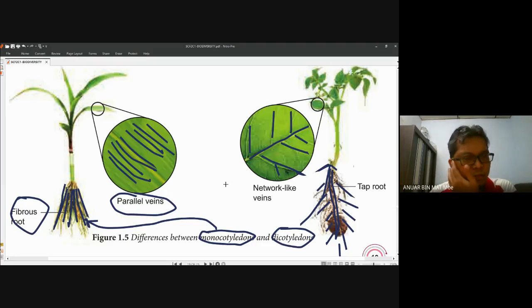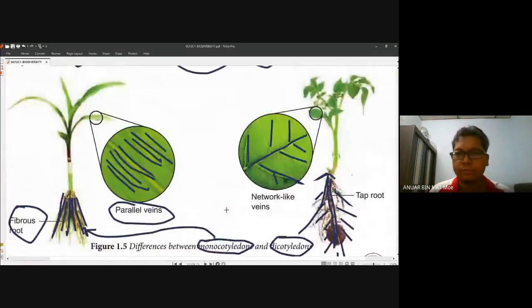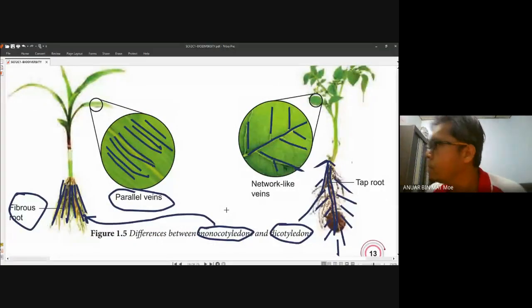So also, you can see here, we categorize or classify the plant according to their characteristics. What we see, the differences, by our observation, we can classify into many categories. Okay, any problem? Monocot and dicot? Any problem here?